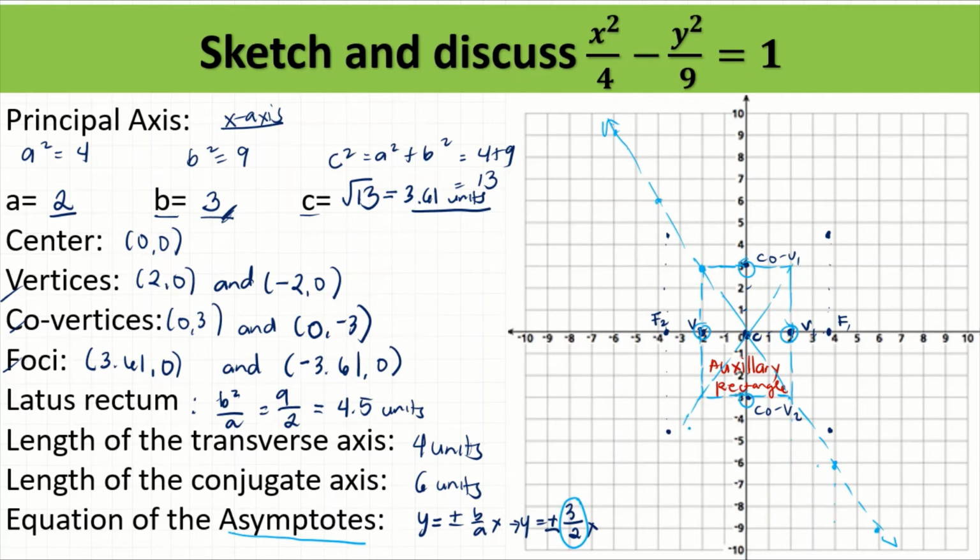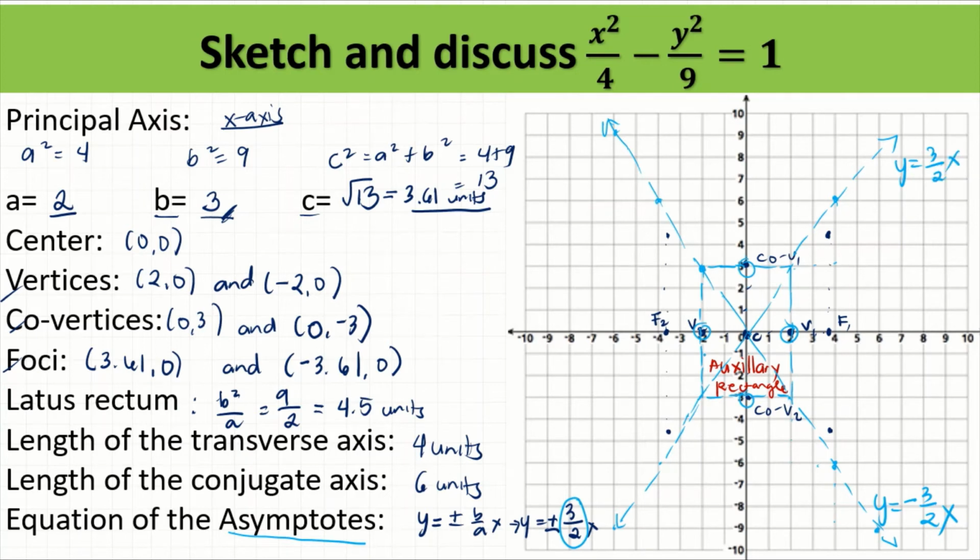Okay, so dapat hindi rin natin matatamaan dito yung ating latus rectum. So, the equation of the asymptotes for this line, y is equal to negative 3/2 x, and then dito naman, y is equal to positive 3/2 x.